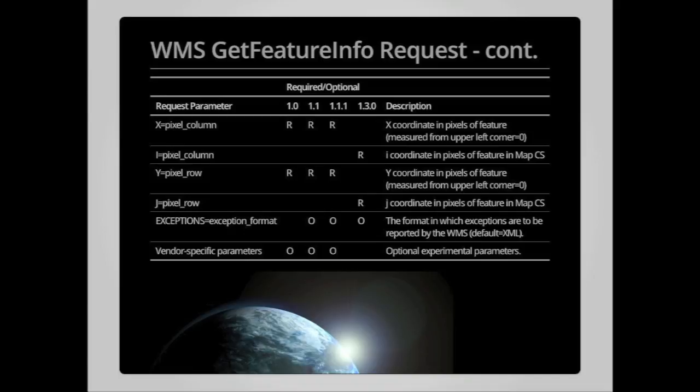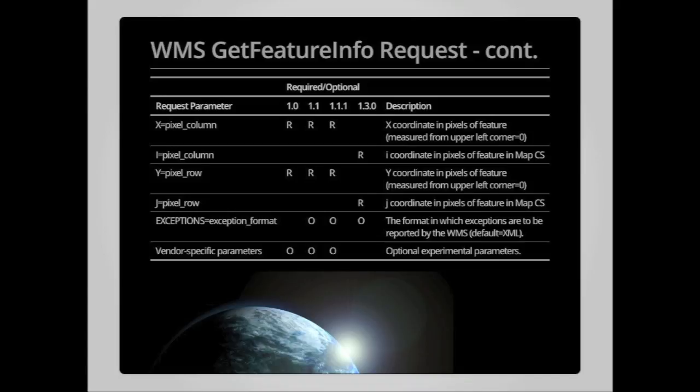You're required, as a part of the get feature info request, to specify the coordinates or location within the map image that would be returned as a part of the get map request in pixel dimensions, where in versions 1.0, 1.1 or 1.1.1, there is an X and a Y parameter where you define the pixel column and the pixel row that should be used to extract the query results.